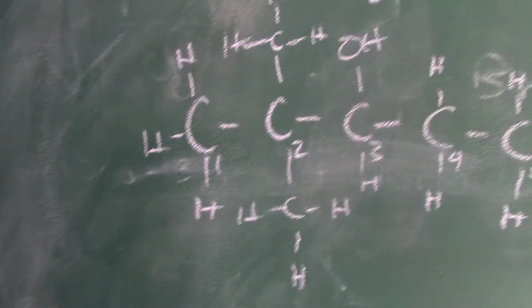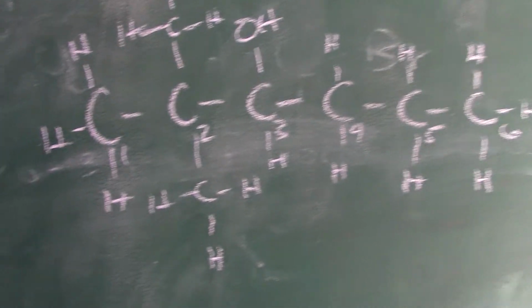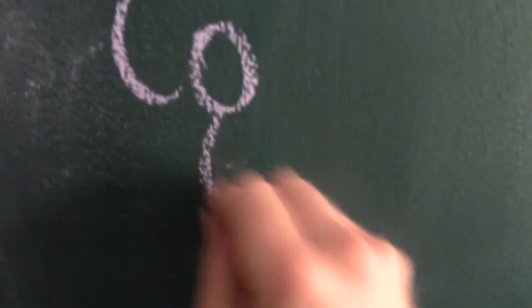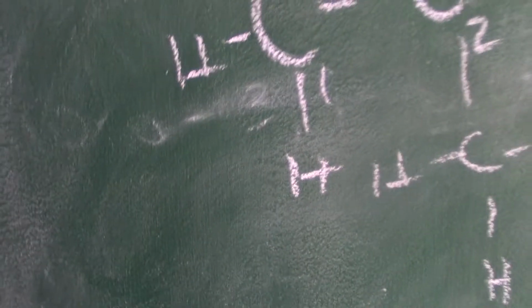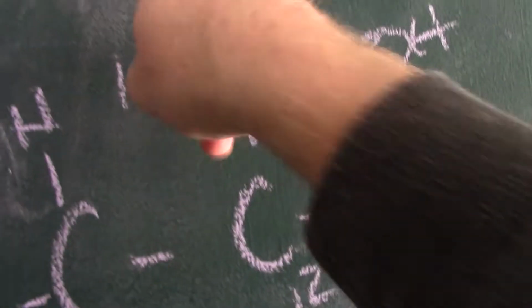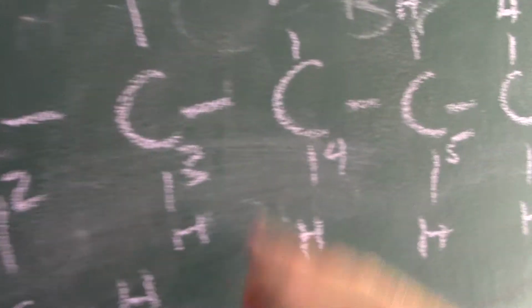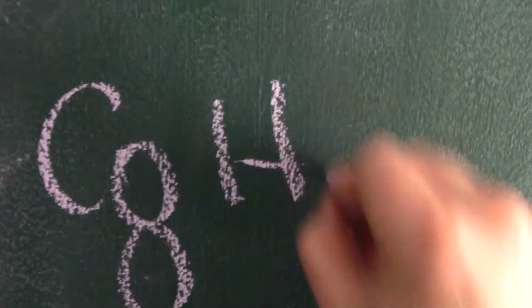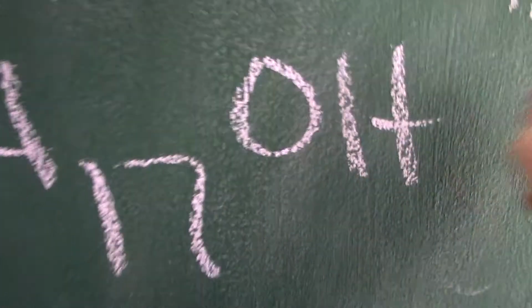All right. There's my complete structural diagram. So my chemical formula is 1, 2, 3, 4, 5, 6, 7, 8 carbons, C8. And then how many hydrogens? 1, 2, 3, 4, 5, 6, 7, 8, 9, 10, 11, 12, 13, 14, 15, 16, 17. So it's H17, and I'm going to say OH.